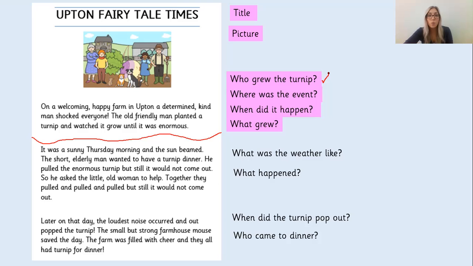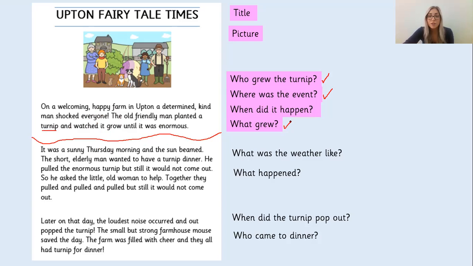Have I said where was the event? I have. I've said a welcoming, happy farm in Upton. Have I said when it happened? Well, I haven't said just yet when it happened, but I have down here. You can write when it happened in this part if you want to. And have I spoken about what grew? I have said a turnip.